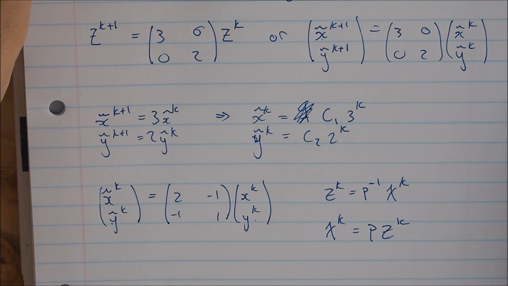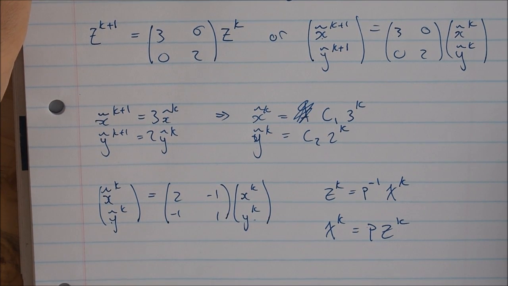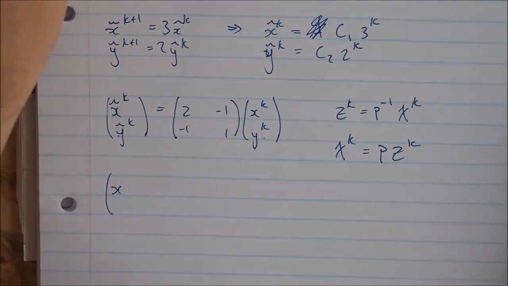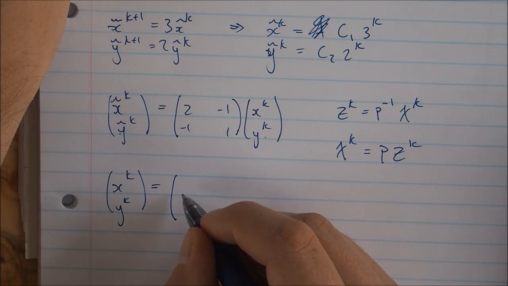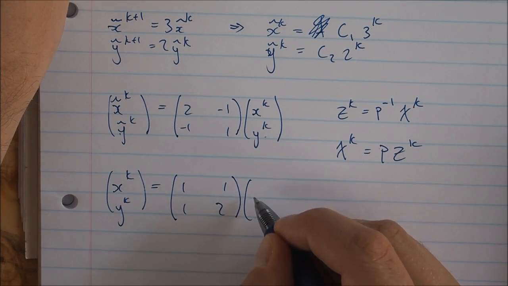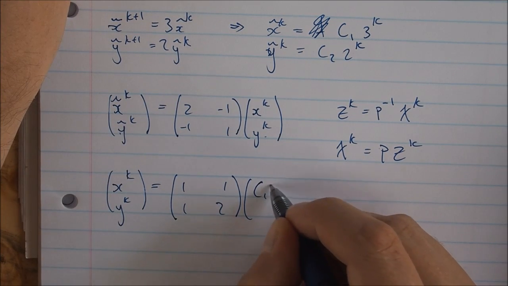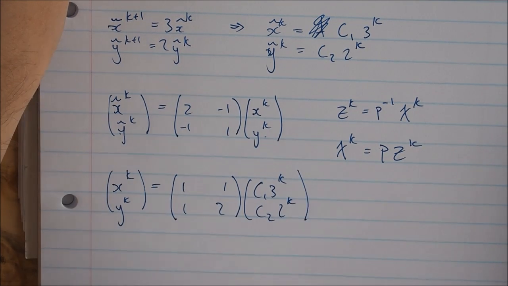And we do that, and we get that xk, yk is equal to 1 1 1 2 times c1 3 to the k, c2 2 to the k.